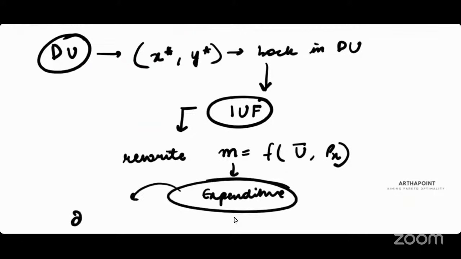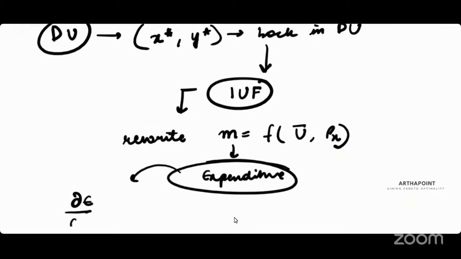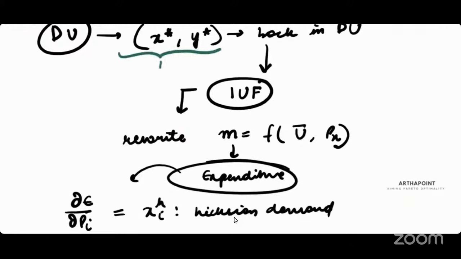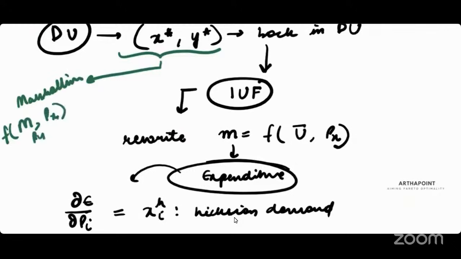I differentiate this expenditure function with respect to prices, and I get the Hicksian demand. The initial demand function that I got is actually Marshallian, a function of income and prices. And the final demand function that I got, Hicksian, is a function of utility and prices.